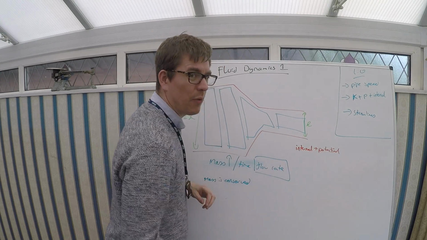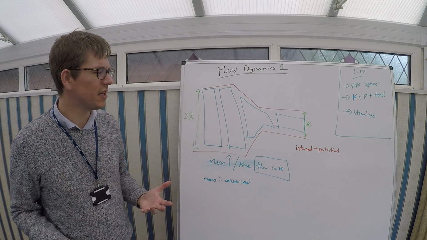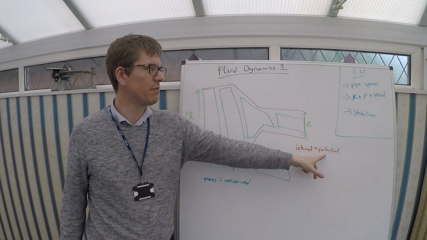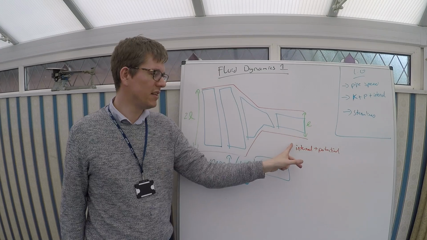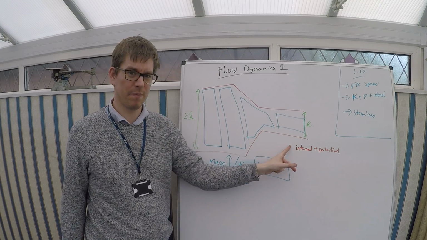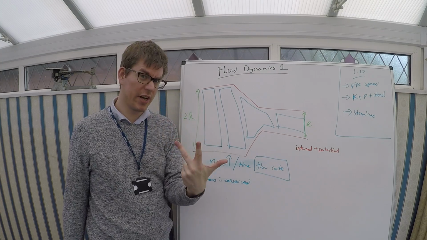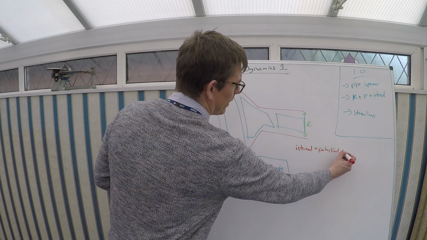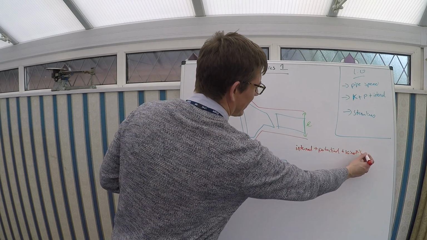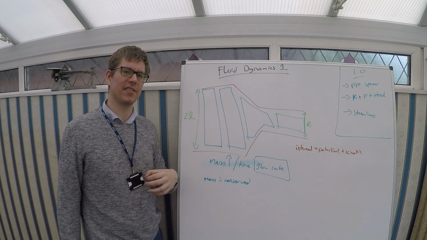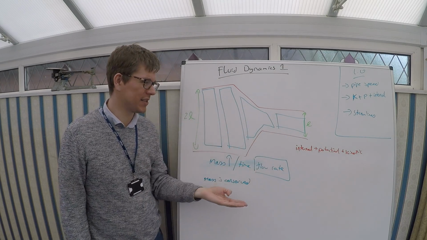Okay? Now, within the concepts of ideal gases, we generally think of potential energy referring to the state and the internal energy referring to the temperature. However, if it's flowing along a pipe, it must have a third type of energy, which will be its kinetic energy. And that's obviously just linked to how quickly it's moving.